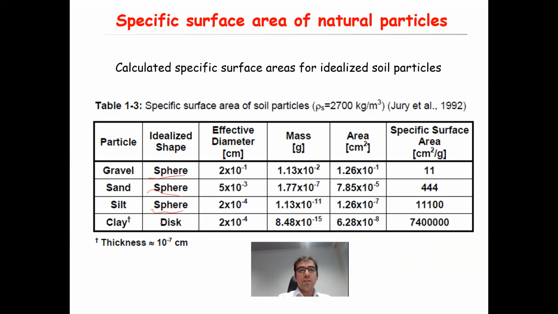For the clay-type particle, you assume it's a disc-shaped particle and use the equations we derived in the previous slide. You see here the specific surface area of clay is a couple of orders of magnitude more than sand, gravel, and silt. That's why the clay fraction dominates the specific surface area of your soil.